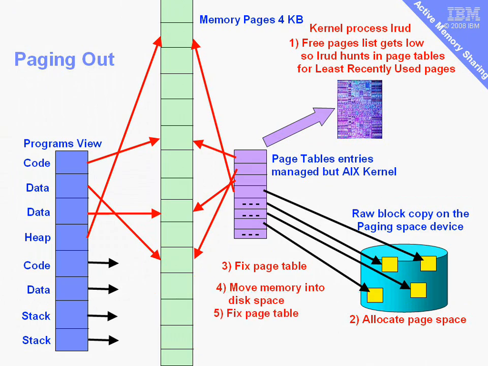Then we fix up the page table again, removing the reference to this particular page. So now the page table entry will tell us that it's on the disk but not in memory, and we can recover from that. And lastly, we put that page on the free list so that it can be reused for something else, something perhaps more urgent.